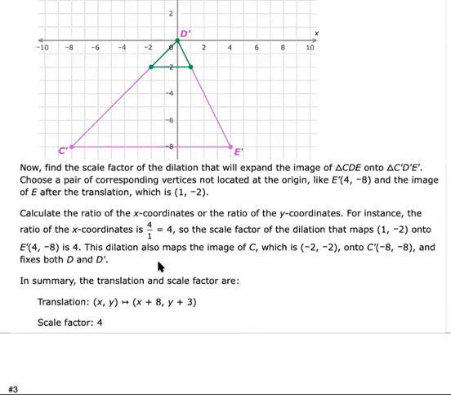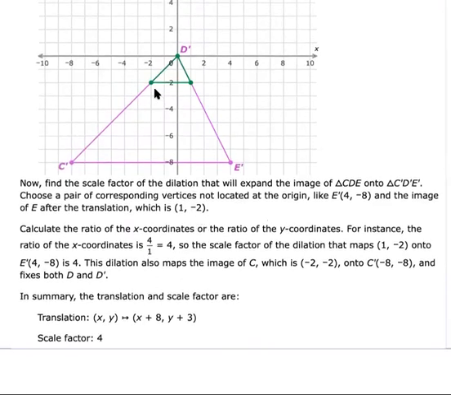So that's the translation. Now the scale factor: if I measure the length of this side right there and this side right there, then I can figure out what the scale factor is. This image is going to be 4 times as big, because here if I go across 1, 2, 3, and this one across is 12.